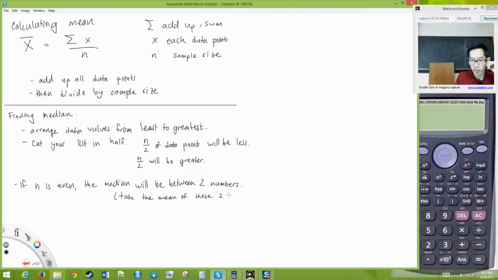And if n is odd, the median will be one of the numbers in the list.